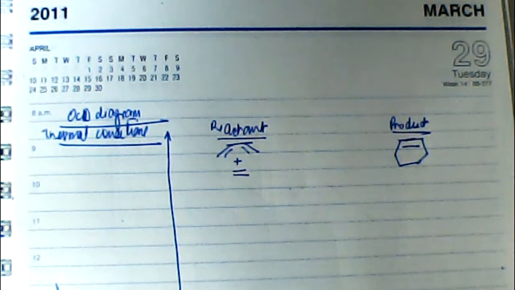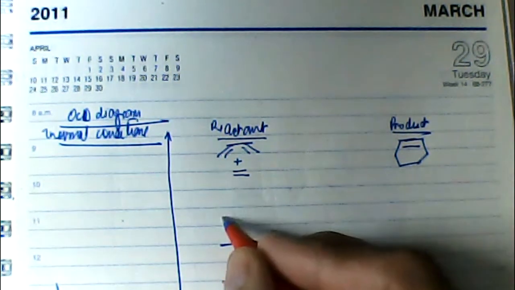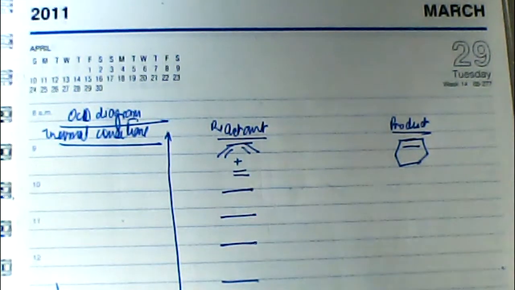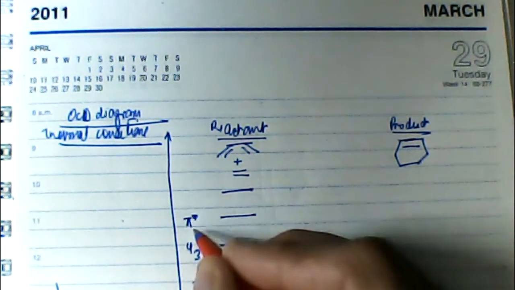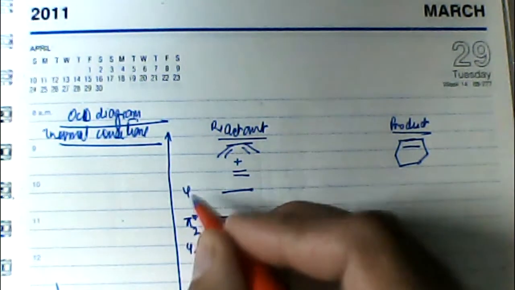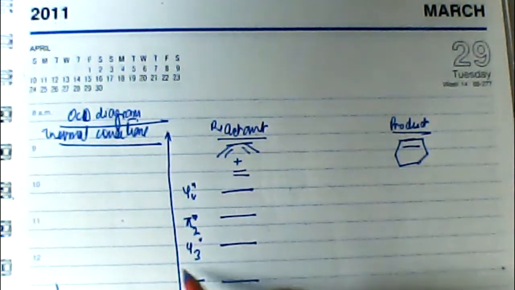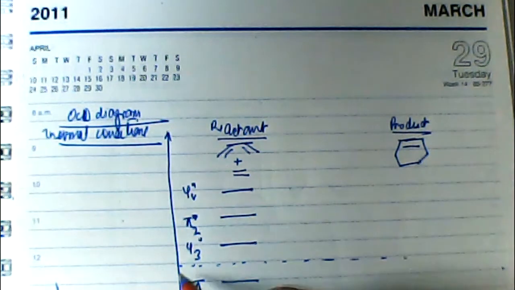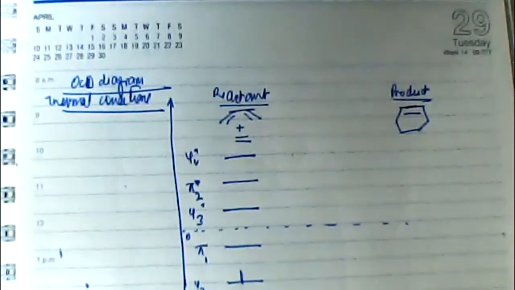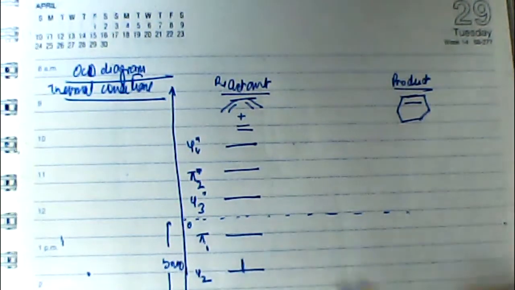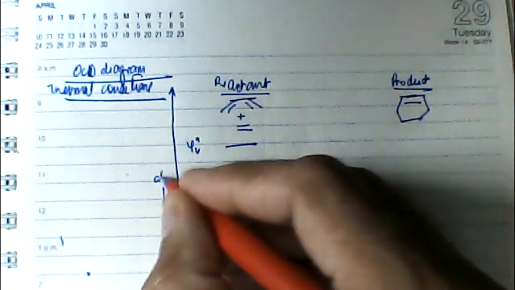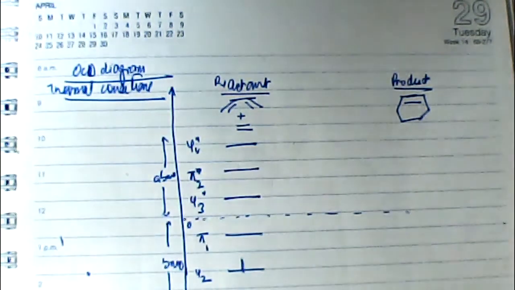Psi1, psi2, pi, psi3, pi star, this is pi2, this is pi1, and this was psi4 star. This was the zero value of energy. If you remember, these were the bonding molecular orbitals and these were the anti-bonding molecular orbitals, right?